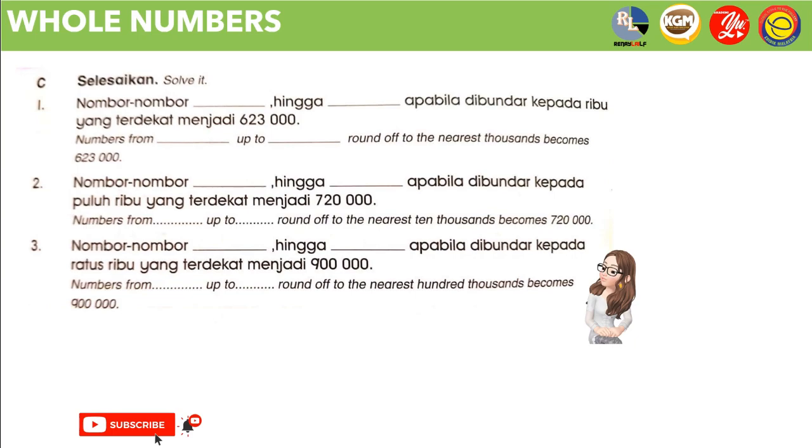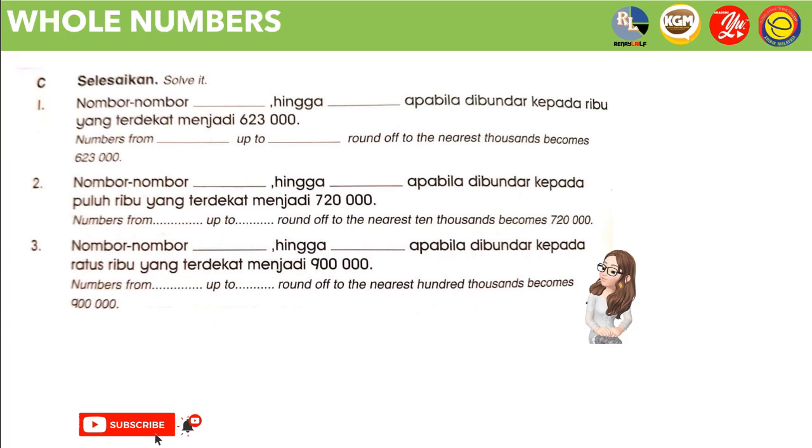Alright, look at C. Solve it. Numbers from dash up to dash, rounded off to the nearest thousands, become 623,000. For this question, I will not discuss further. You can look at my video on how to find numbers that, after rounding off, can become 623,000.